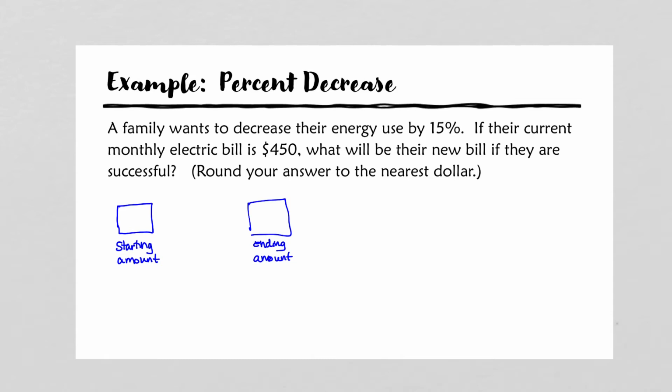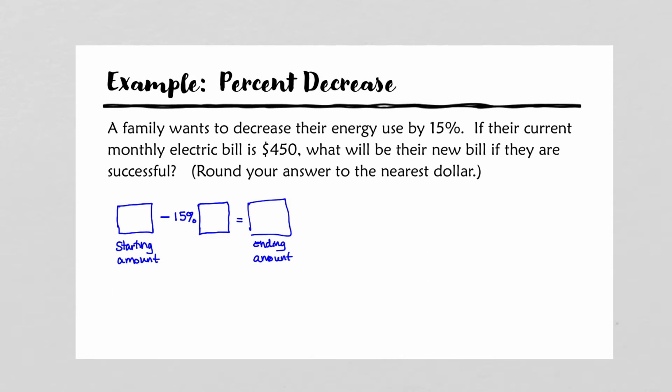In this particular example, we're going to take a starting amount, and we're going to decrease to get to the ending amount because the family wants to decrease their energy use by 15%. If we decrease by 15%, well, what do we decrease 15% of? Percents never stand alone, so we always have to multiply that percentage by something.